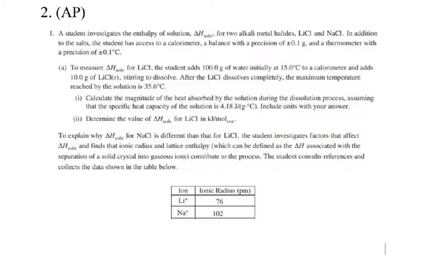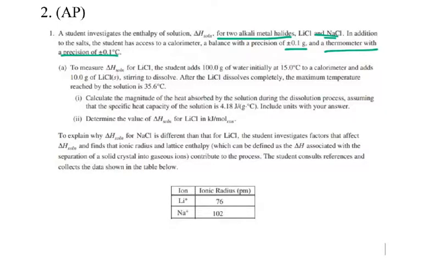So let's move on to the next FRQ. A student investigates the enthalpy of solution for 2 alkali metal halides, LiCl and NaCl. In addition to the salts, the student has access to a calorimeter, a balance with a precision of plus or minus 0.1 grams, and a thermometer with a precision of plus or minus 0.1 degrees Celsius.